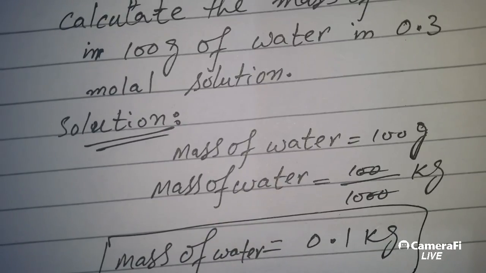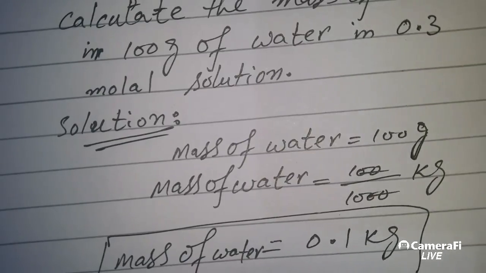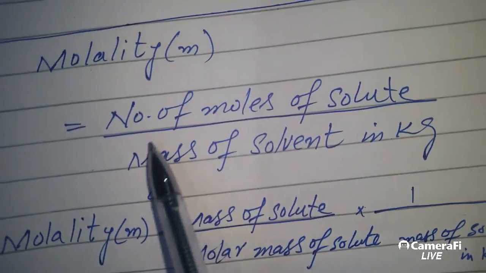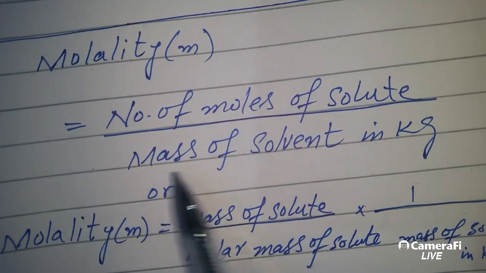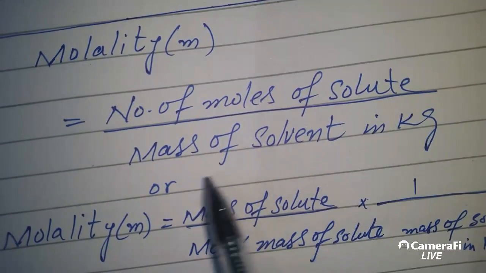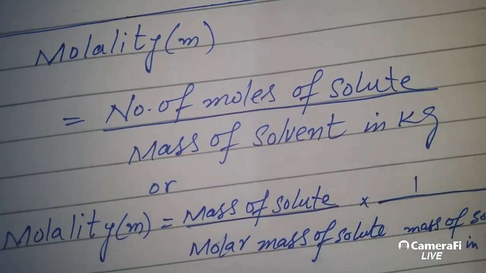Molality requires number of moles of solute over mass of solvent in kilogram. This is the formula for molality.